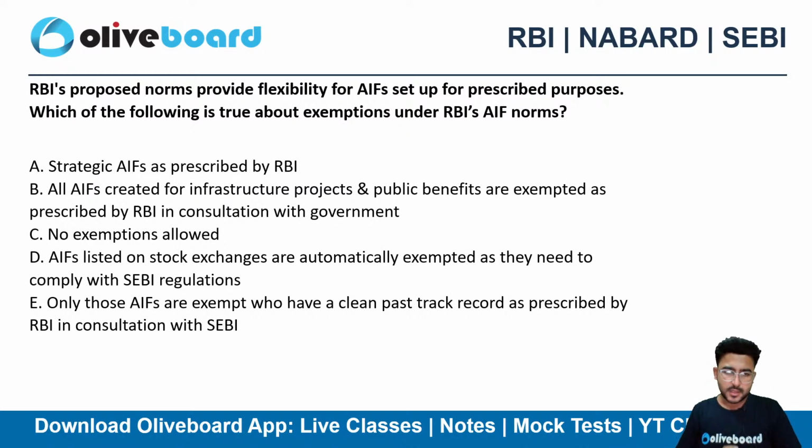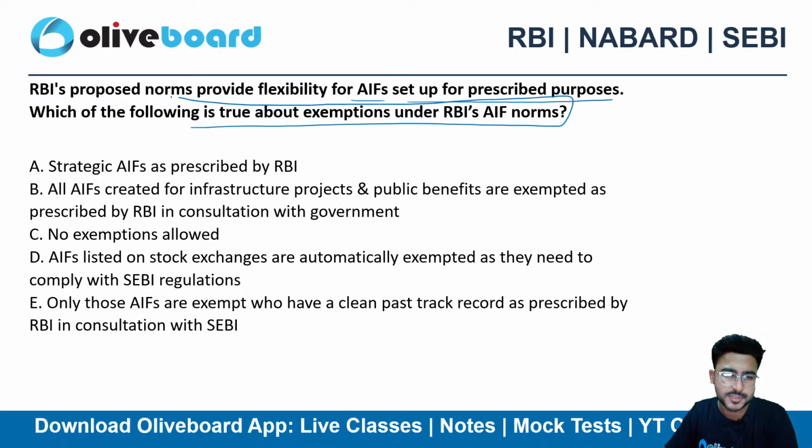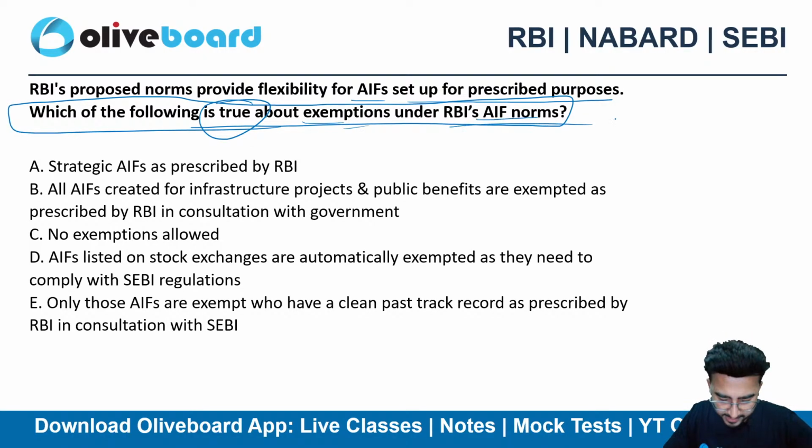Next is, RBI proposed norms provide flexibility for the AIF set up for prescribed purpose. Which of the following statements is true about the exemptions under the RBI AIF norms?